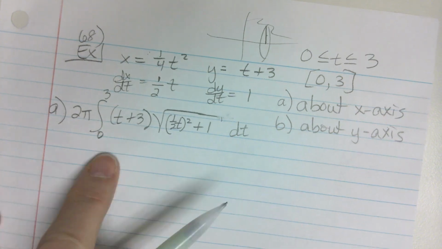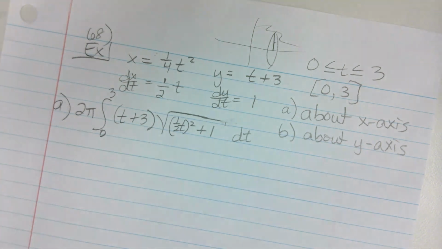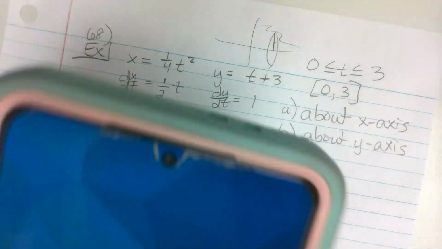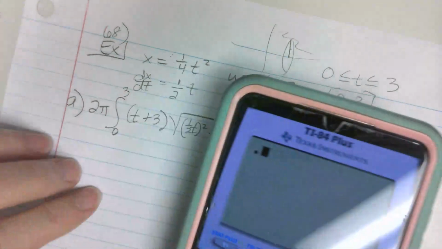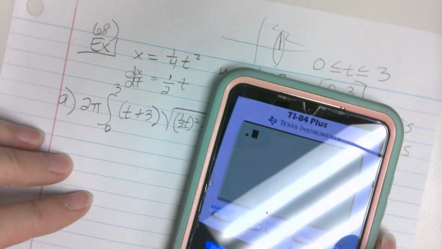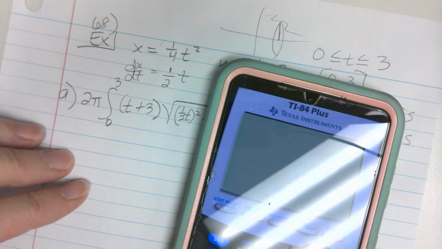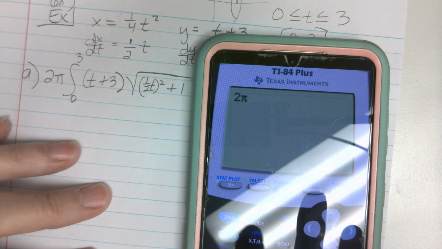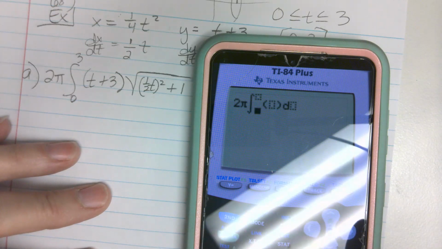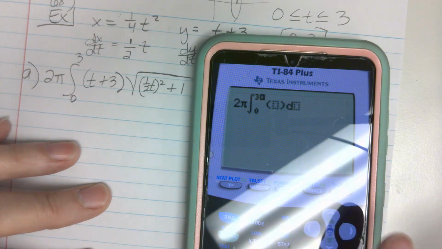So plug and chug on the calculator. 2 pi, 0 to 3.